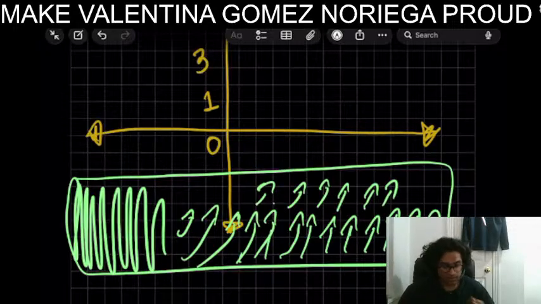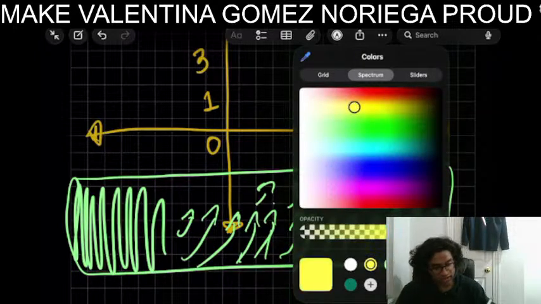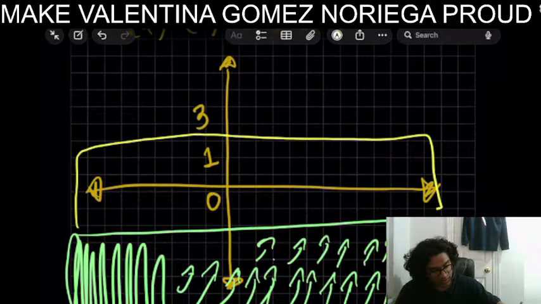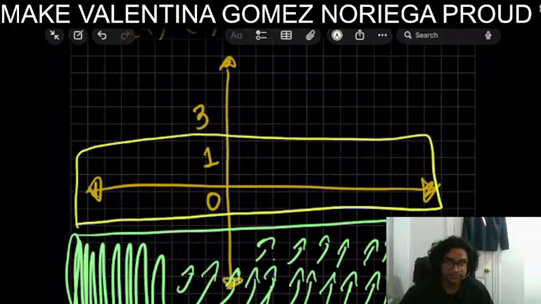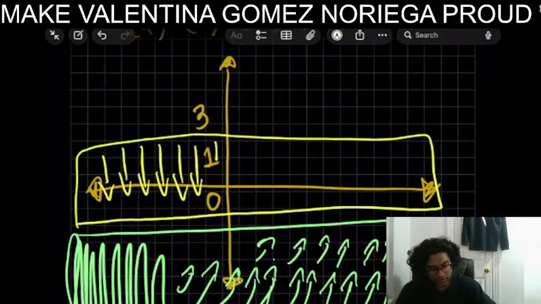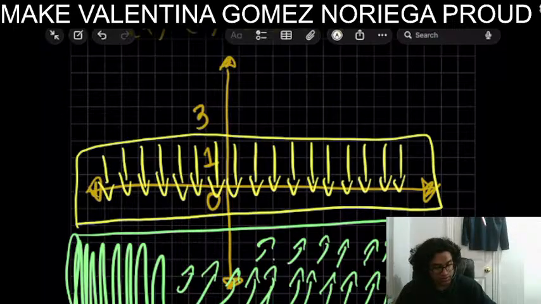Now anything in between 0 and 1, we know it will be a negative. So I'm going to have half going down. I maybe overlap 1, but that's completely fine.